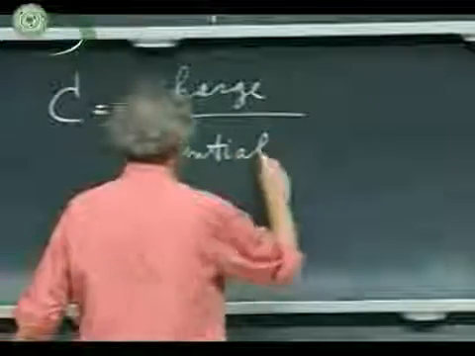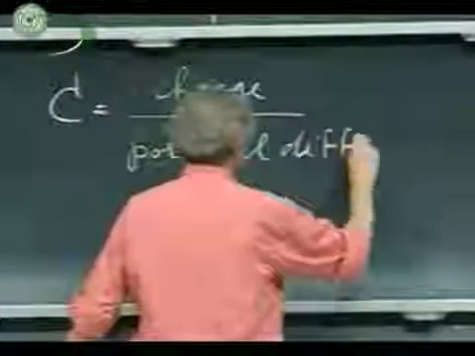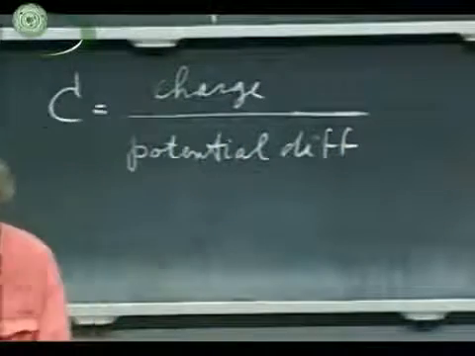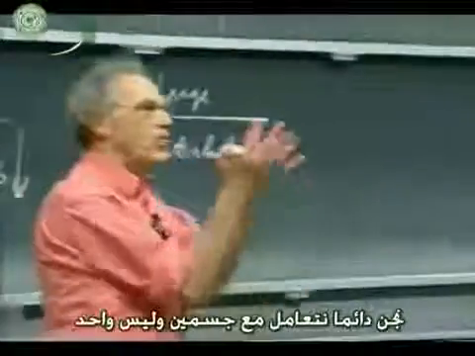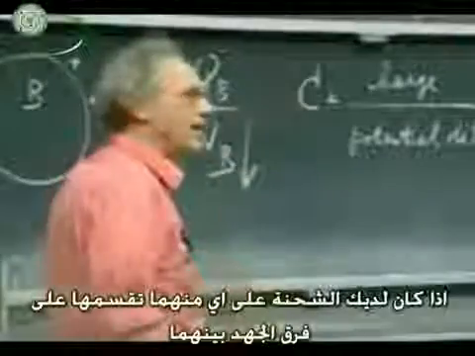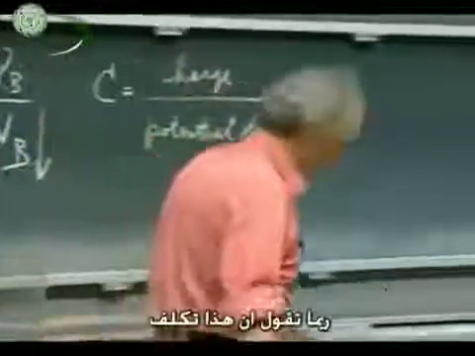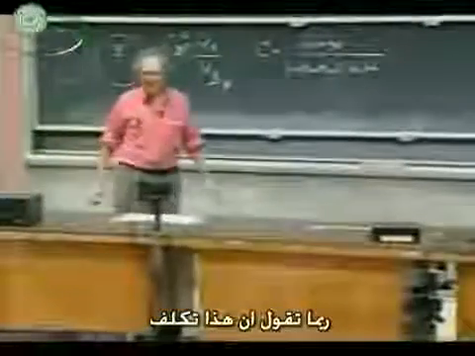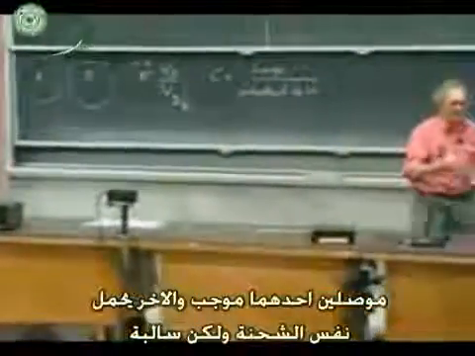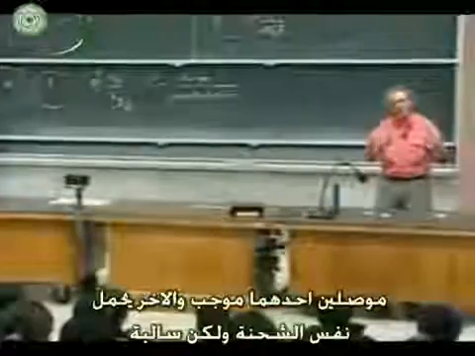So that now is my new definition of capacitance. So you always deal with two objects, not with one in isolation. If you have the charge on one of the two, and you divide it by the potential difference between the two. You may say, well, it's a little artificial to have two conductors, and one is positively charged, and the other has exactly the same amount of negative charge.